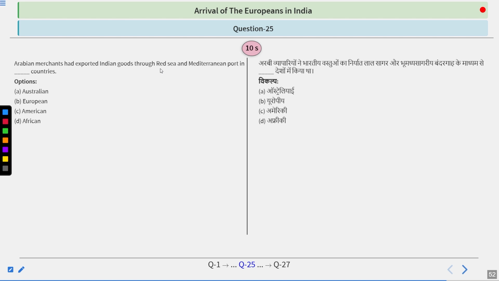Arabian merchants had exported Indian goods through Red Sea and Mediterranean ports in dash countries. Options are Australian, European, American, or African. Try to find out the answer. And I guess the answer is right.